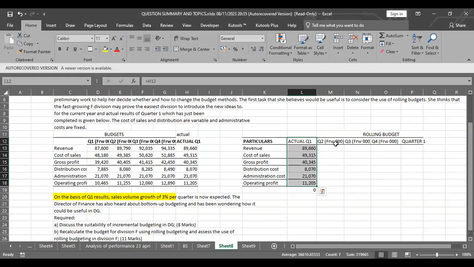When you see there is actual, it means we are beyond that. It's like, can you make a budget for July? No, July is already gone. You cannot make a budget for July, August, September. You just use the data you got from the actuals to project the next.